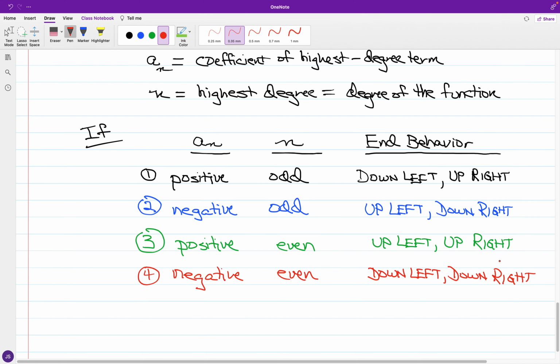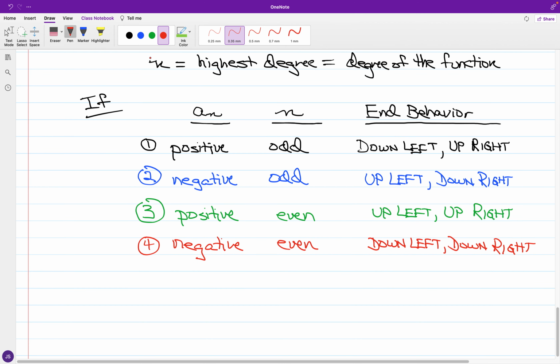And let's say you're looking at determining the end behavior of polynomial functions.